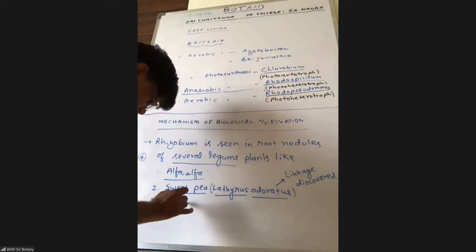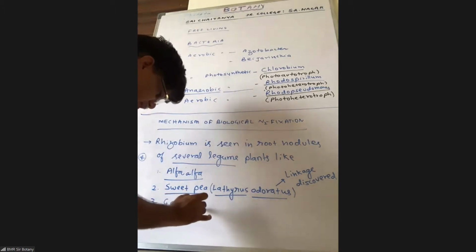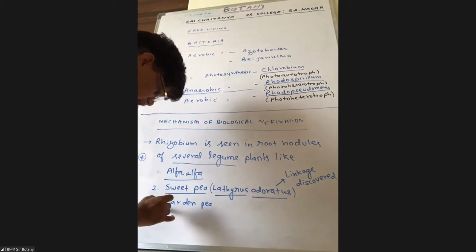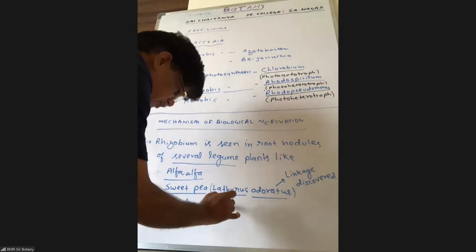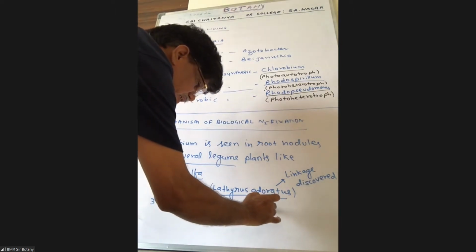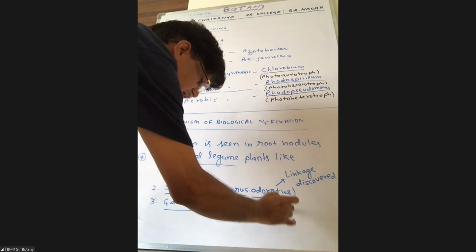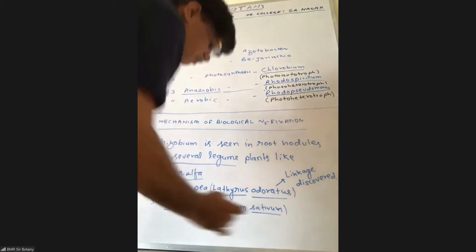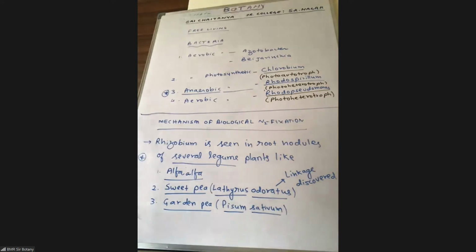Garden pea. This of course you know very well. Pisum sativum. You are aware of it. It is needed also. Again in genetics you come across Mendel's hybridization experiments, worked mainly in Pisum. Mainly in Pisum; we conduct them in other plants also.